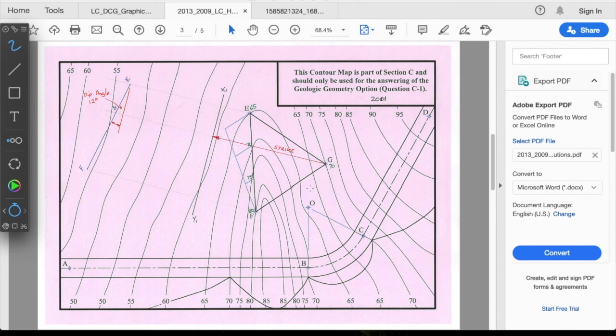G is at 70, F is at 80, coming from our 70 and 80 contours, and E is at 65, coming from our 65 contours. Because I don't have space for an elevation, I know that between E and F, 80 to 65, there are 3 divisions. If I divide it up using my division of the line construction, I can get 65, 70, 75, and each one of those points.